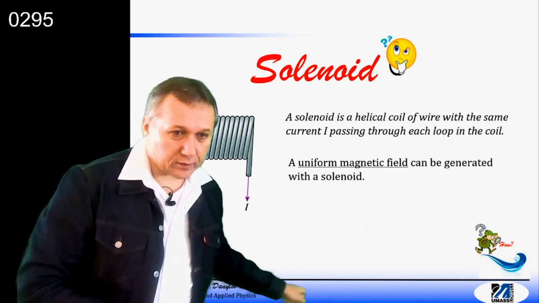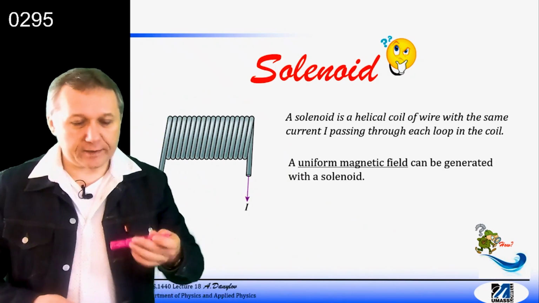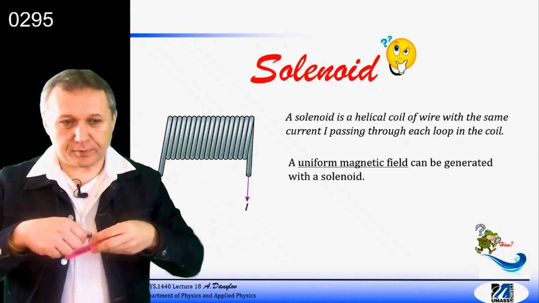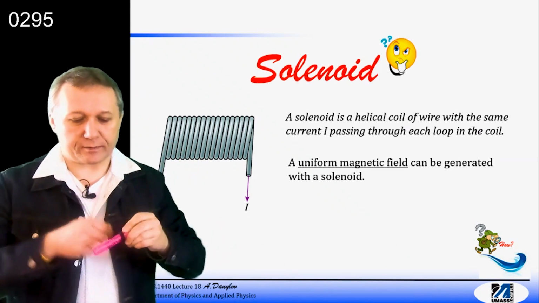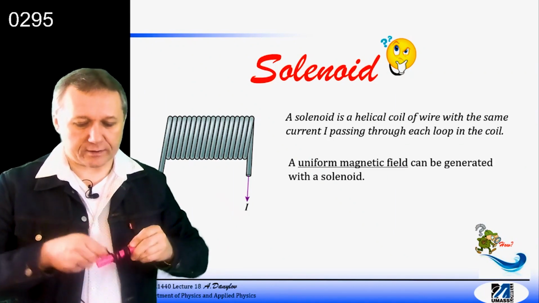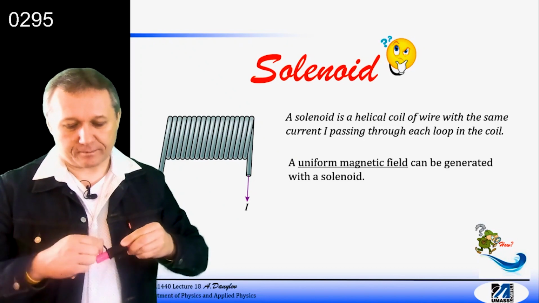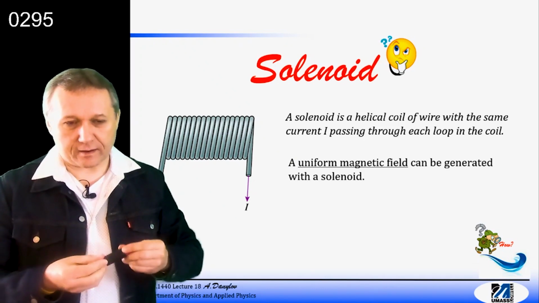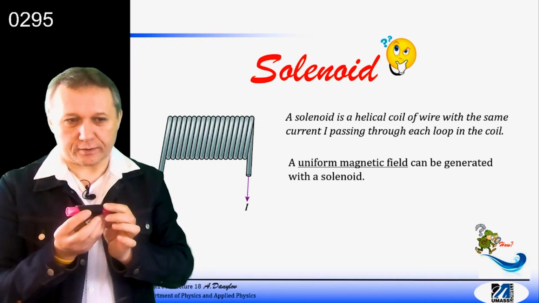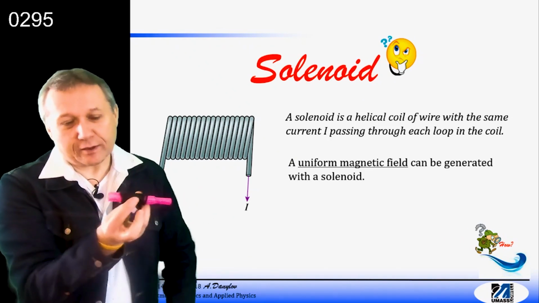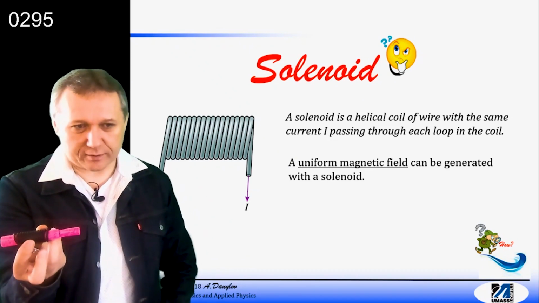So what is a solenoid? Basically, if you take any cylindrical surface, like I took this marker and a piece of wire, and you wrap this wire around this marker, and send a current through it, basically I build a solenoid.